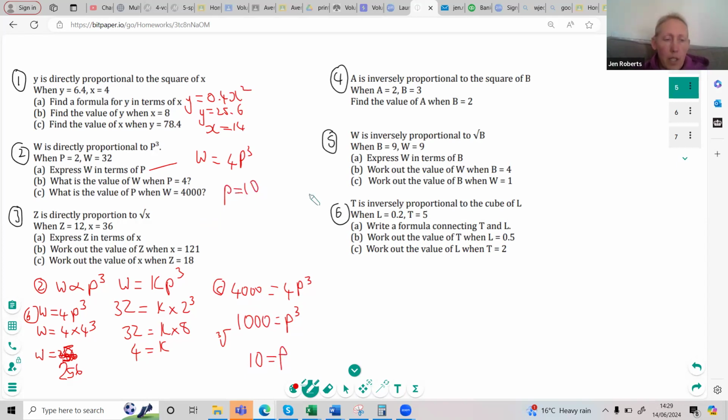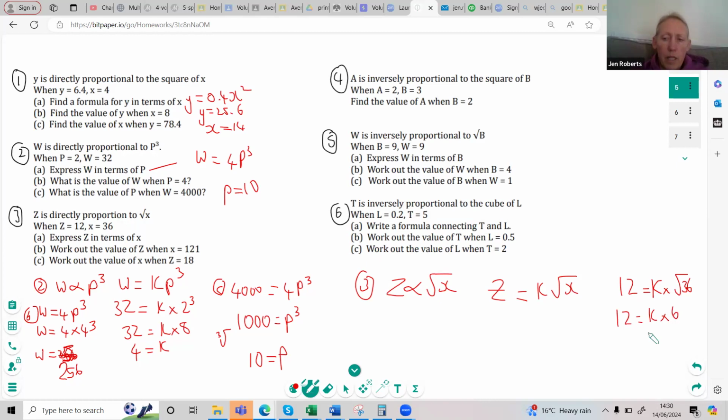I'm going to put my answer to 3 over here. z is directly proportional to root x. z equals k root x. When z is 12, x is 36. Square root of 36 is 6.